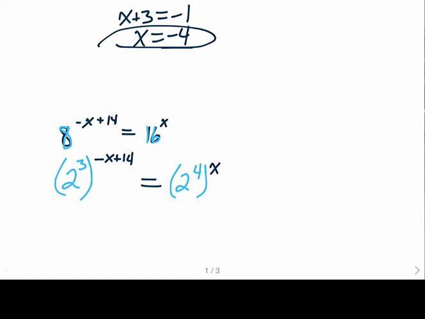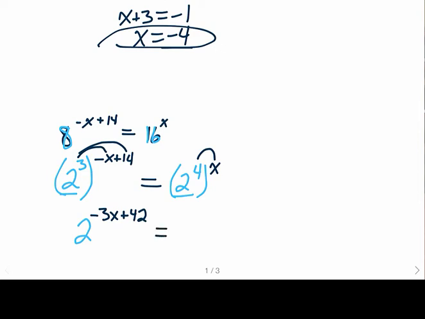And now what I have is a situation where my bases match. I have matching 2's. But now I need to use properties of exponents. Whenever we take a power to a power, we're going to multiply the exponents. On the left-hand side, that means we're going to distribute the 3 to the binomial exponent. So we have 2 to the negative 3x plus 42 after distributing 3 into the negative x plus 14.